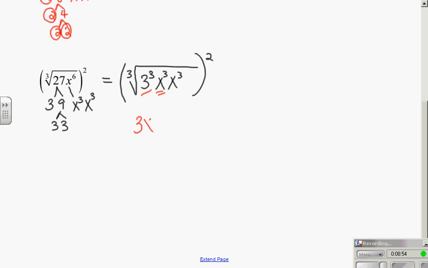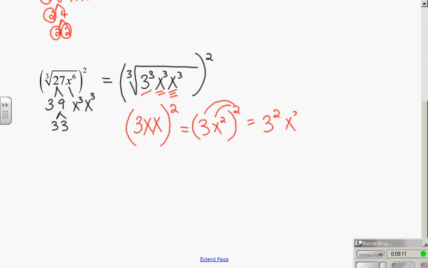The cube root of x cubed is x, and the cube root of x cubed is x. And all of that is squared. So this is 3x squared, squared. Now distribute that outside, and I have 3 squared times x squared squared, which is 9x to the fourth.